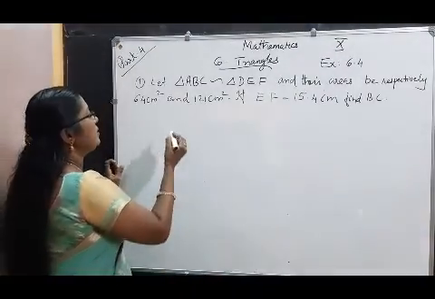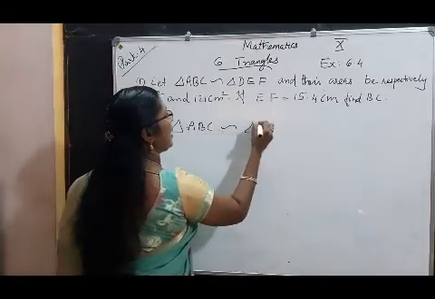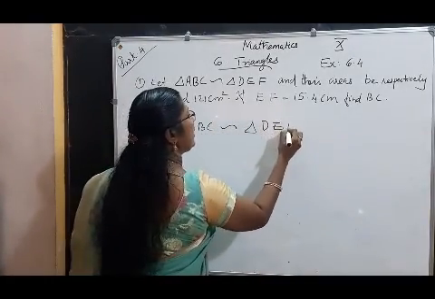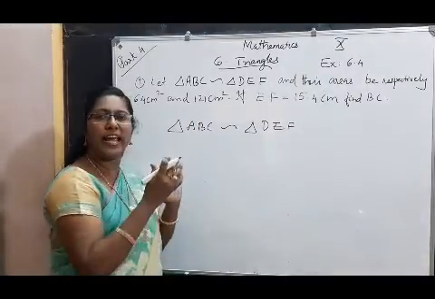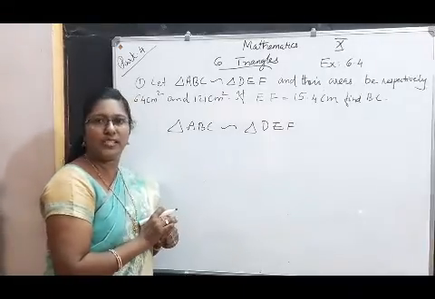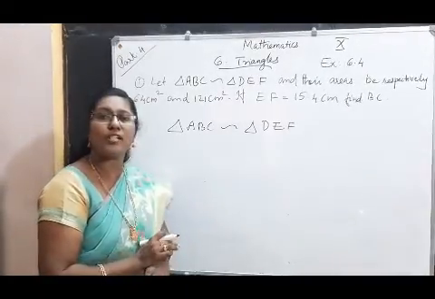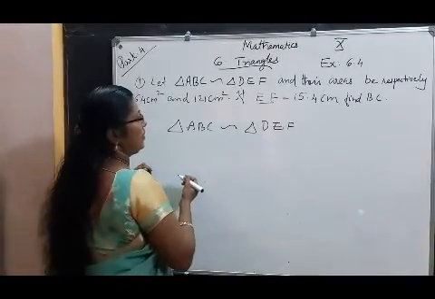Here what is given? Triangle ABC is similar to triangle DEF. The triangles are similar, so the ratio of their areas is equal to the square of the ratio of the corresponding sides. Here EF is given.